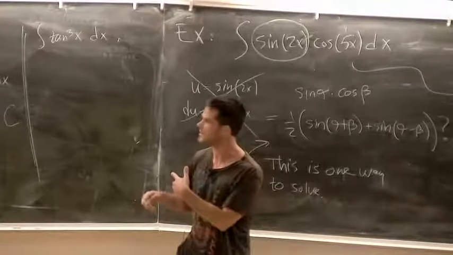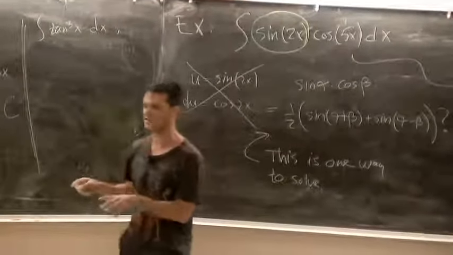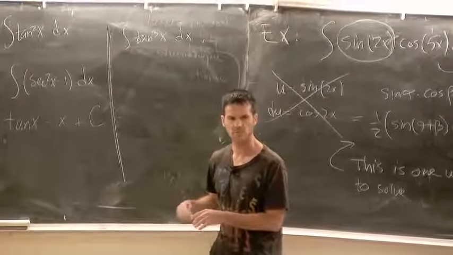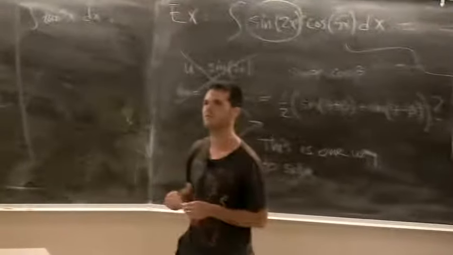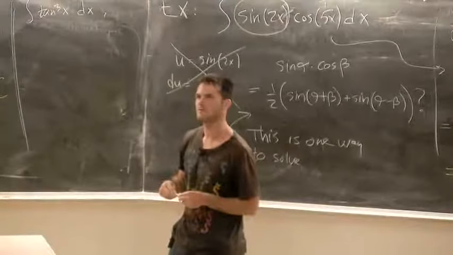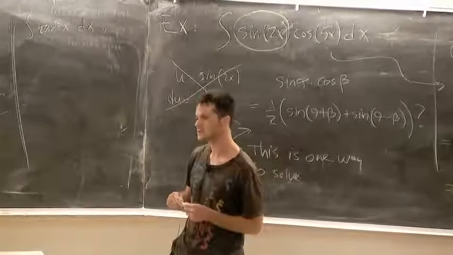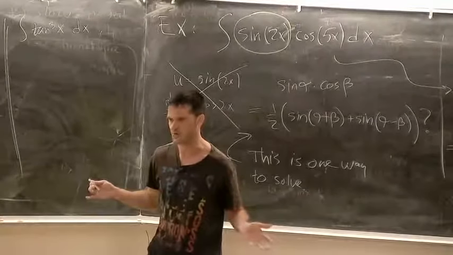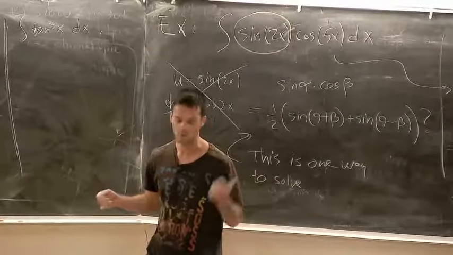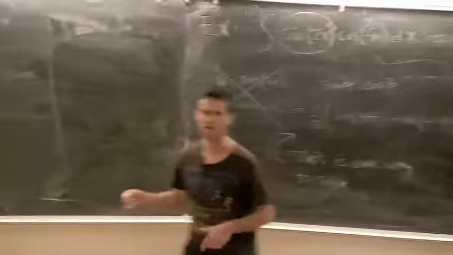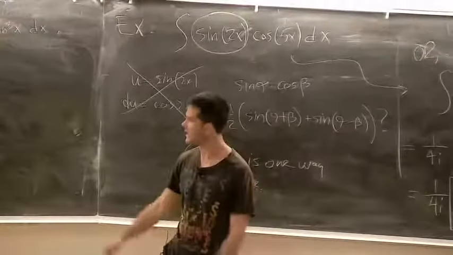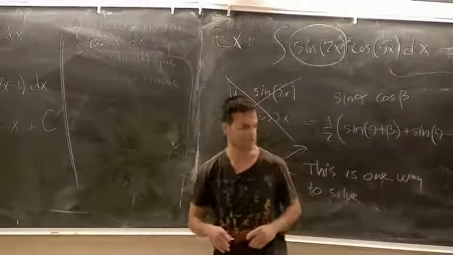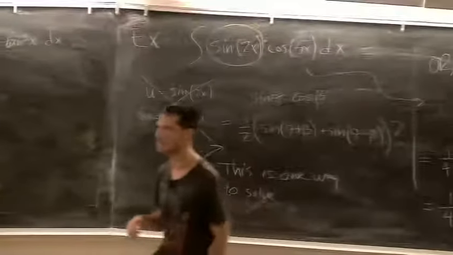I don't know if you guys have used tables for integrals before. I haven't relied on tables. Engineers probably use a lot of tables. So if you get an integral that you can't do, well, I guess there's the Wolfram Alpha integrator. There's also tables you can look at, and the book has tables. In fact, all the different examples that I did today are on this table.